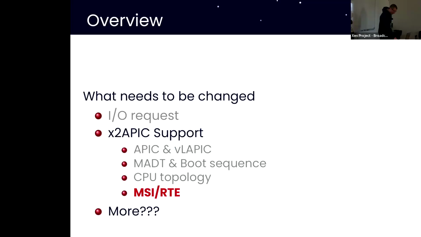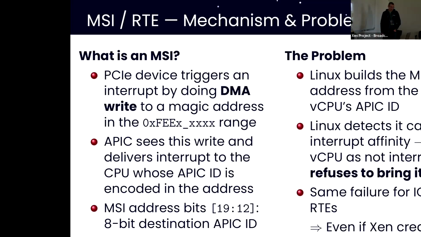And the last point is MSI and RTE routing. RTE is a legacy mechanism, redirection table entries for the IO APIC. And MSIs are message signaled interrupts. How this works is basically PCIe devices can write to a magic address, which is this 0xFEE, and below are additional information.